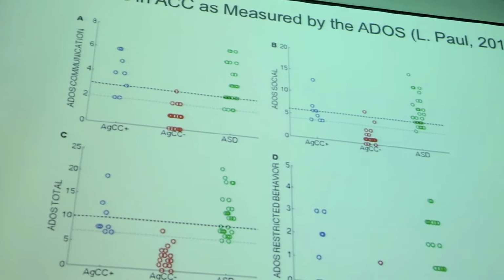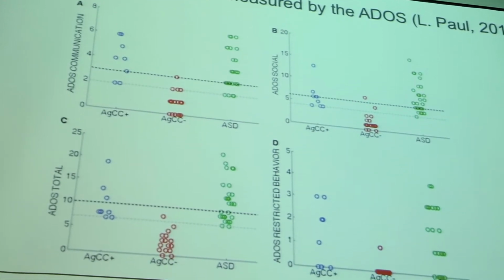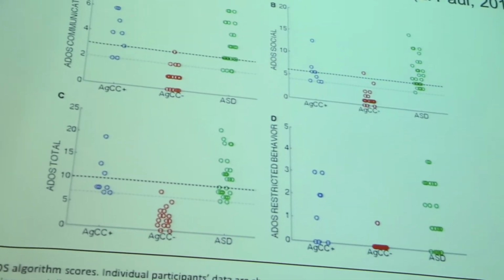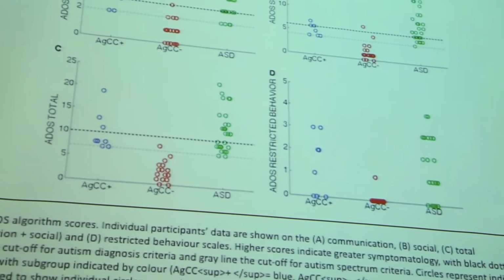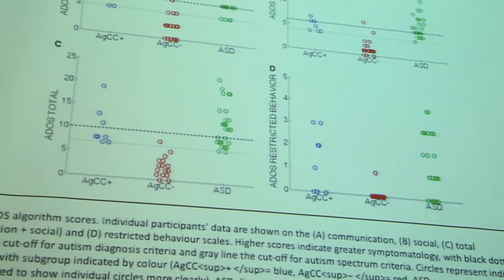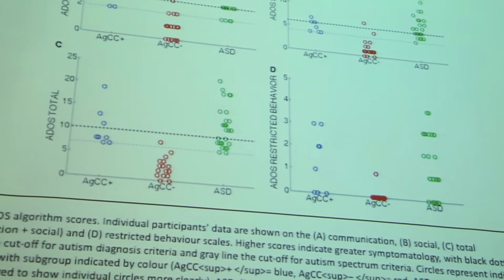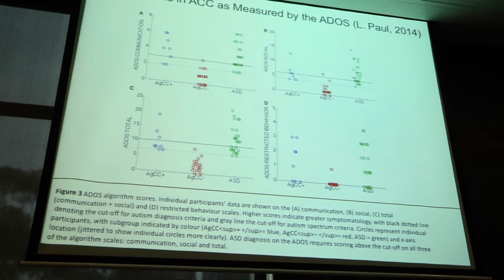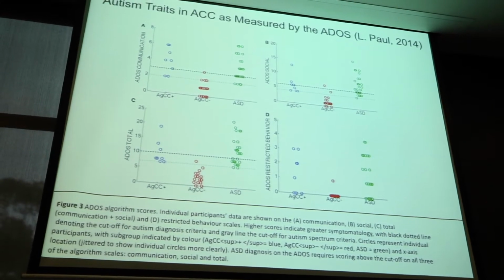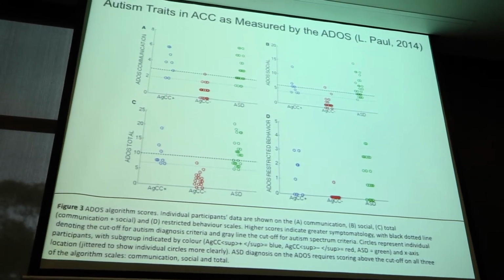Hers is psychologists in a room with the person, interrogating them and coming up with a diagnosis. And again, you can see here that the neurotypical controls in hers are the red circles, the ASD individuals are green, and the individuals with ACC are in blue.